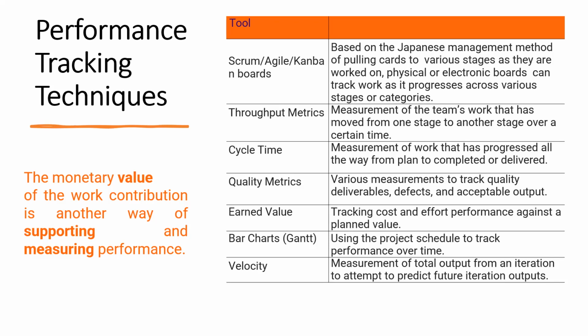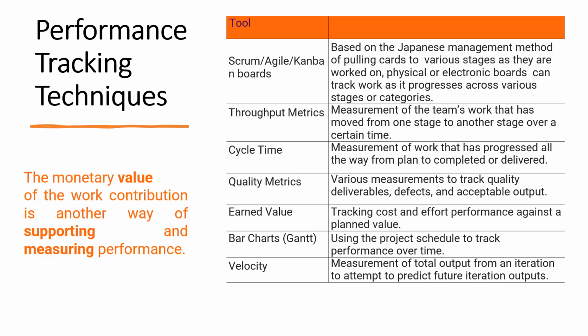It looks at issues of defect and also acceptable output. What defines value for you is called quality metrics. Earned value, I'll touch on this in more detail in the next slide. Earned value, bar charts. We touched on Gantt charts during planning too.